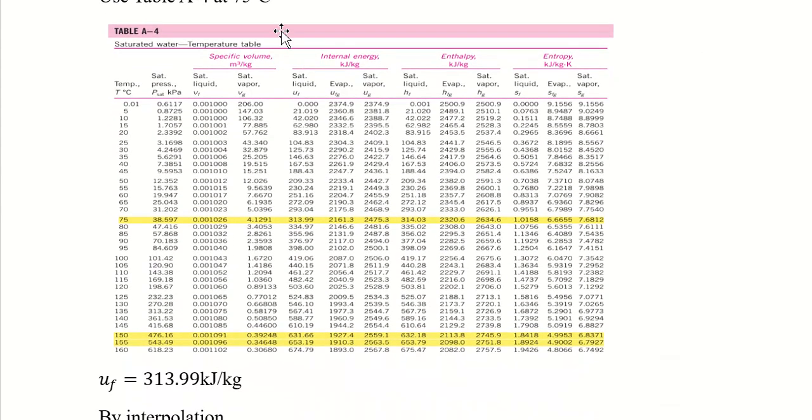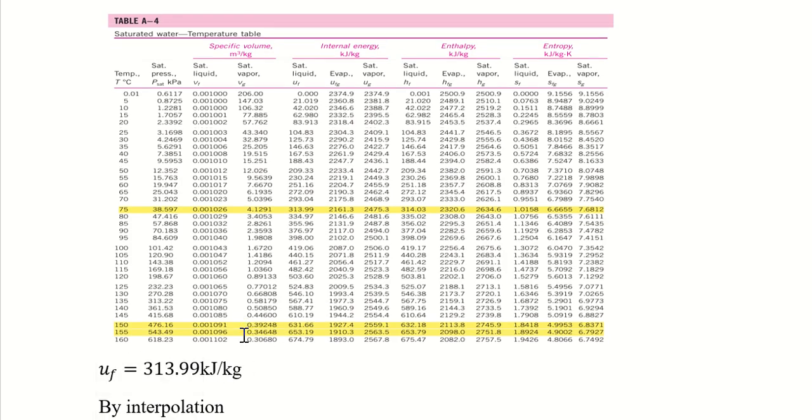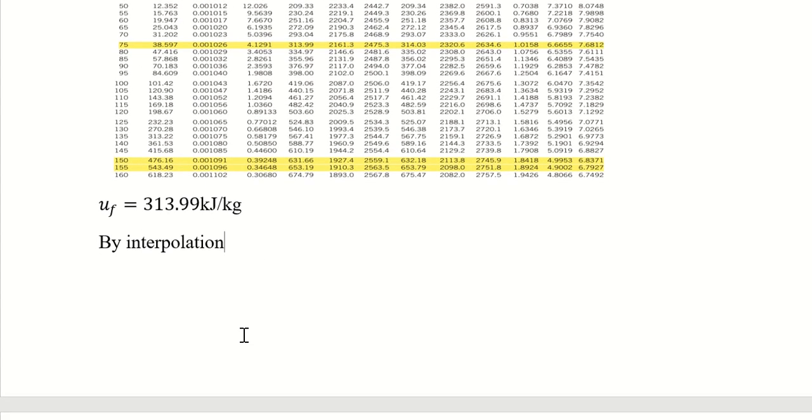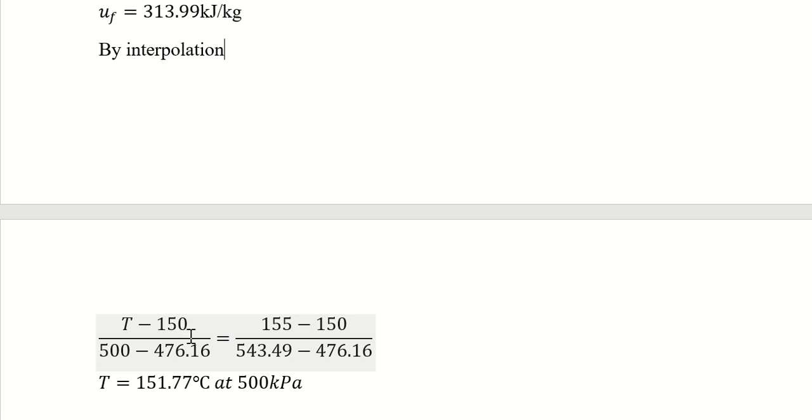So we used the temperature 75 first to find the internal energy of the liquid phase. But now we have to find the property at the saturation temperature, which is, you see, it's right here.